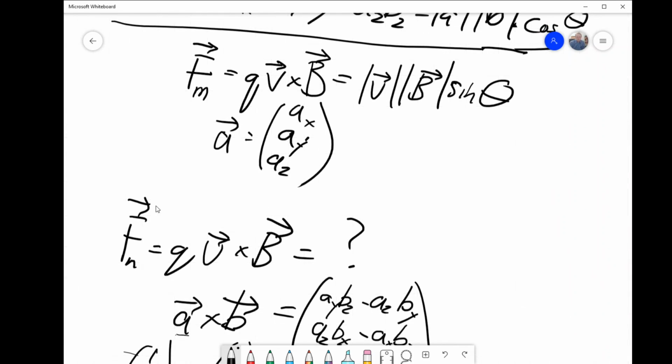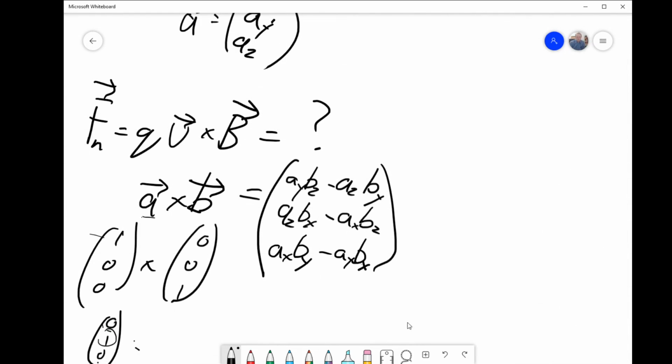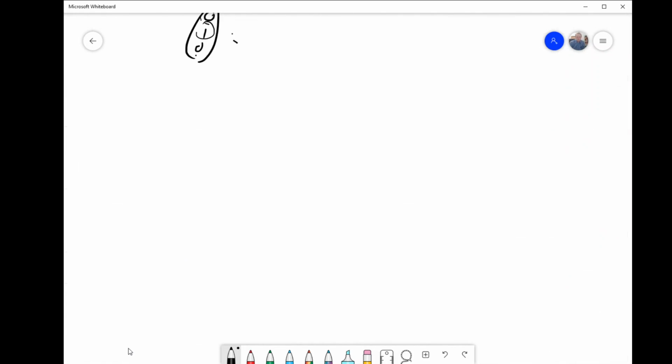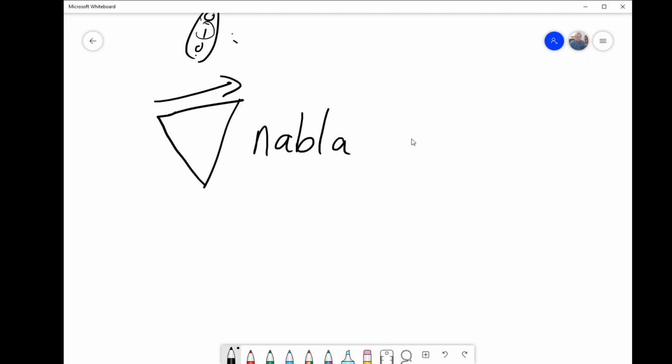So we are now armed with the tools we need to multiply vectors. There's one other tool that is going to be more familiar to the calculus students, and that is the vector differential operator nabla, N-A-B-L-A.